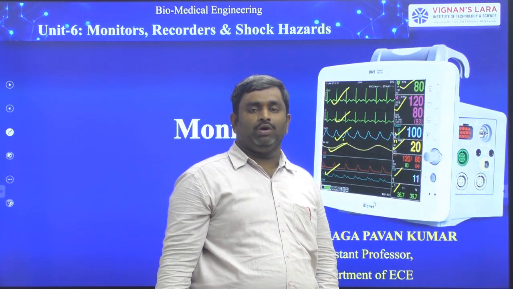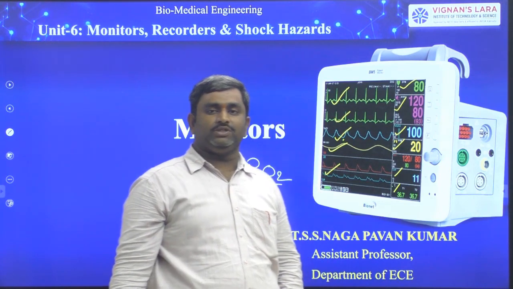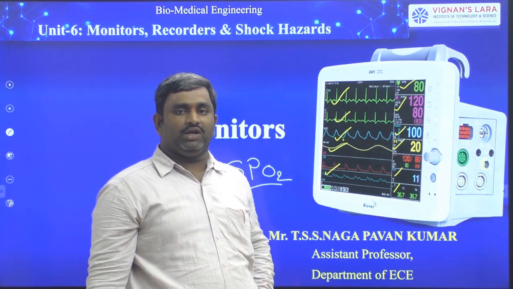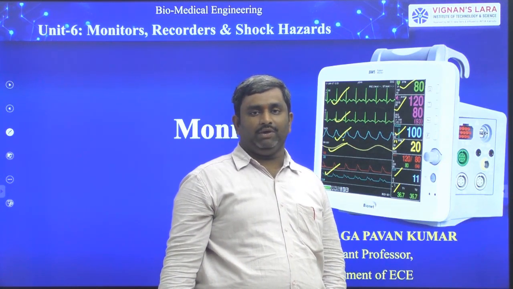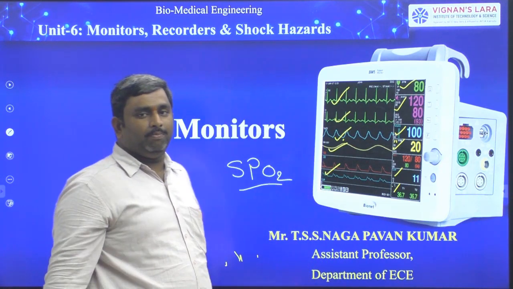It can store 2 to 3 days of information of the patient. After that we can delete this data, otherwise you can store the data by using a pen drive. These are the present day monitors.